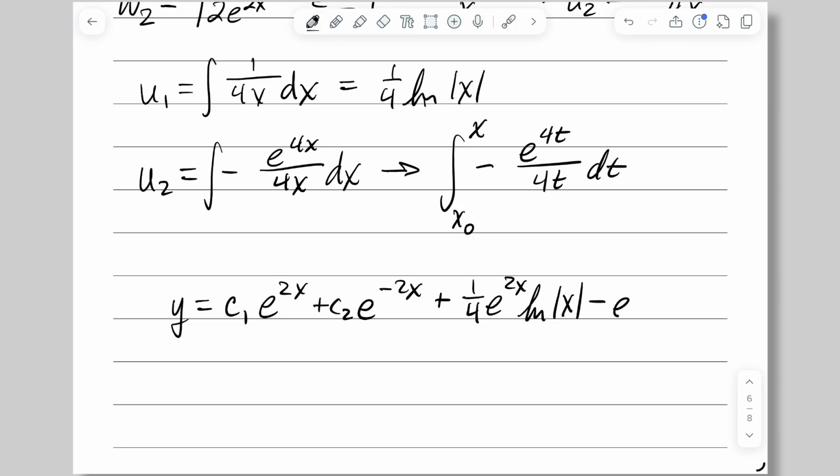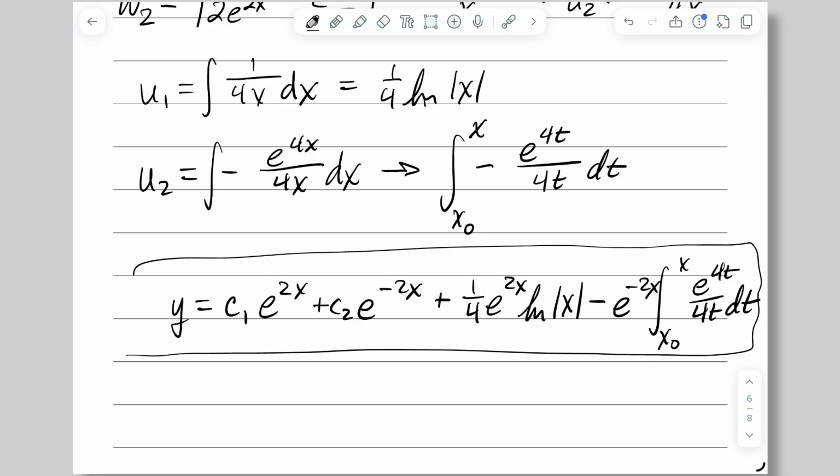And so e to the negative 2x times the integral from x naught to x of e to the 4t over 4t dt. And as uncomfortable as that looks, that's our solution.